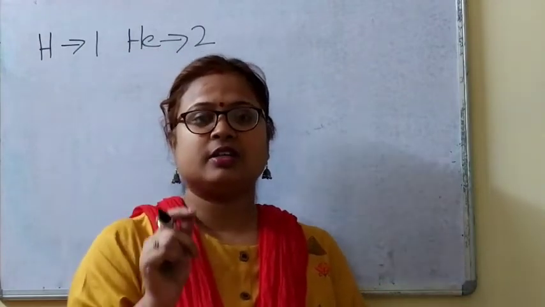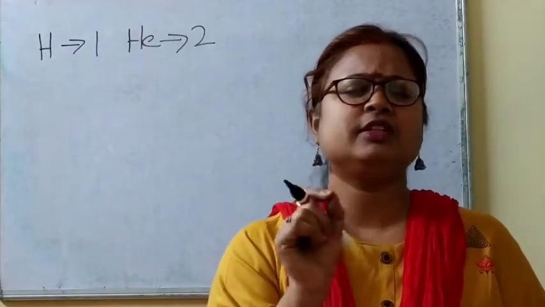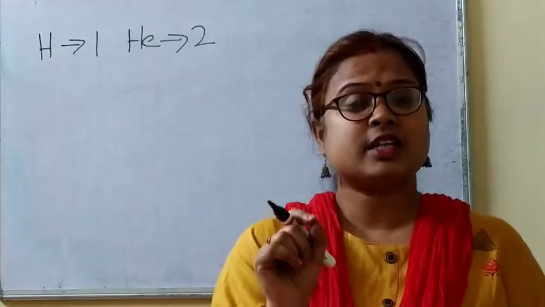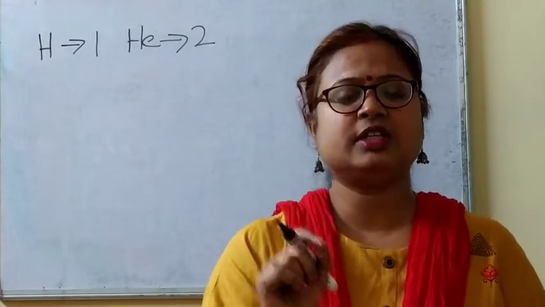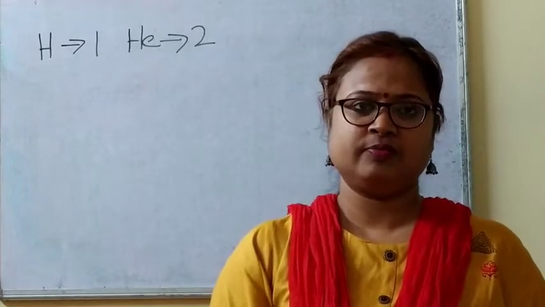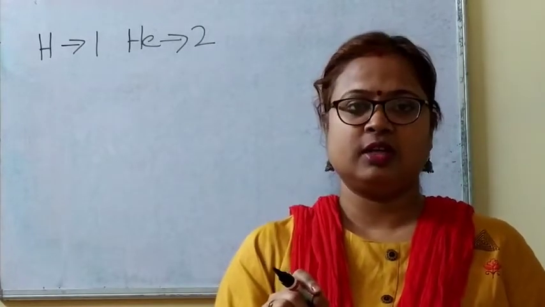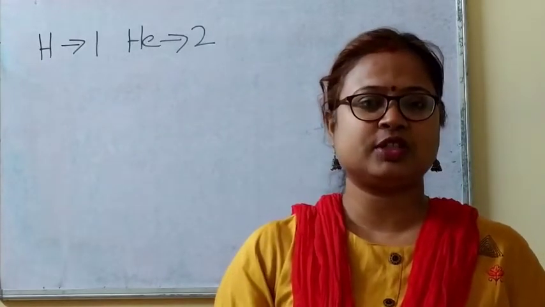Why? Because this is very important: each and every element gets satisfied when they have 8 electrons in their outermost orbit. This rule is called the octet rule, but there is always an exception in science. Helium is the exception.